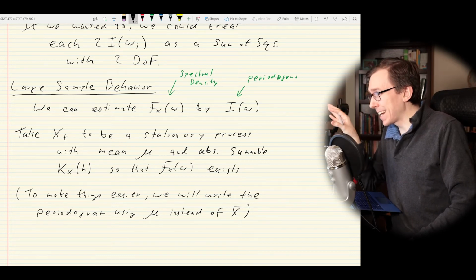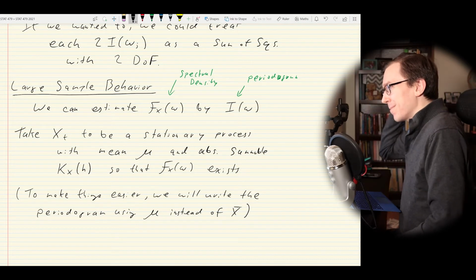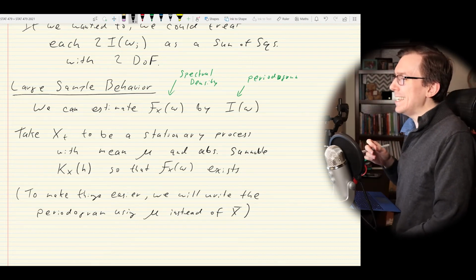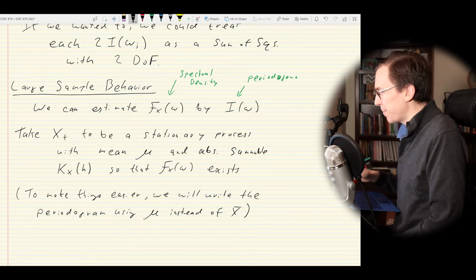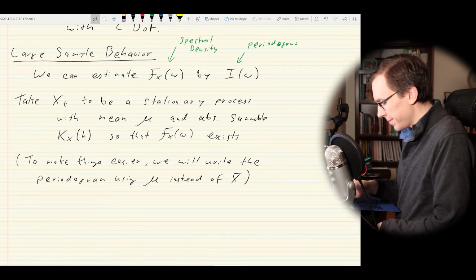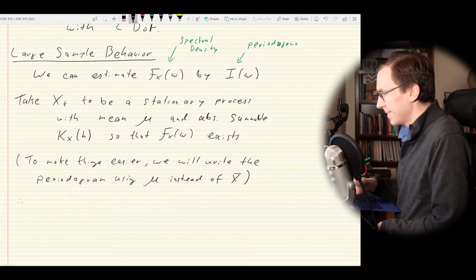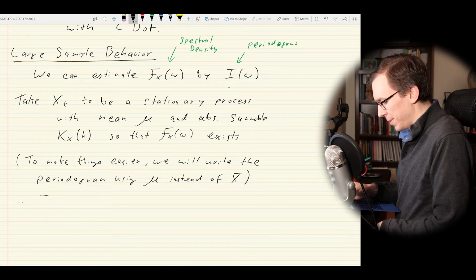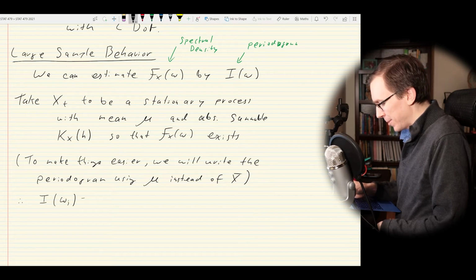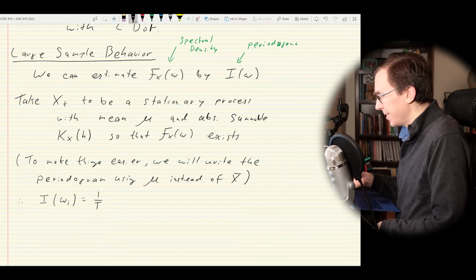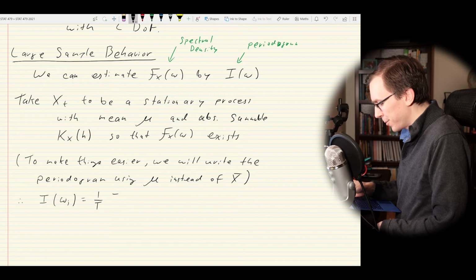So for this section, we're just going to take the easy way out and replace x bar with mu. If we really wanted to, we could go back and fix it, but for the sake of the exposition here, it's not going to make any real difference, except that dragging x bar around will make everything a little bit more tedious.